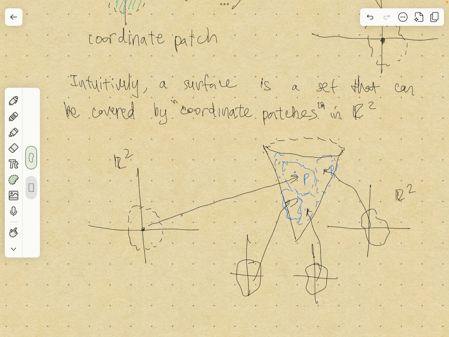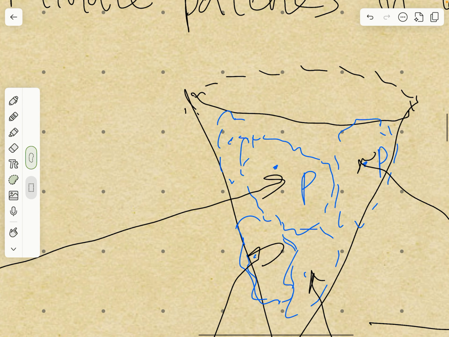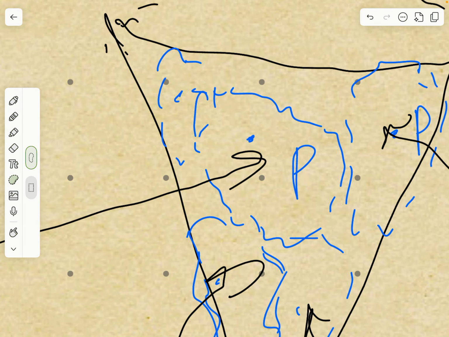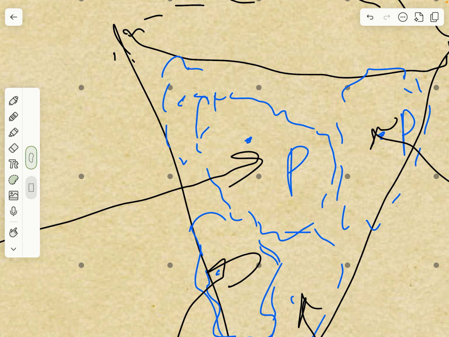Okay, so I don't want to get too detailed about this, but this is the intuitive idea about what a surface is. It's something that when you take a point on the cone and zoom in, and you look at the points in the immediate vicinity of that point that are on the cone, it looks like R2.